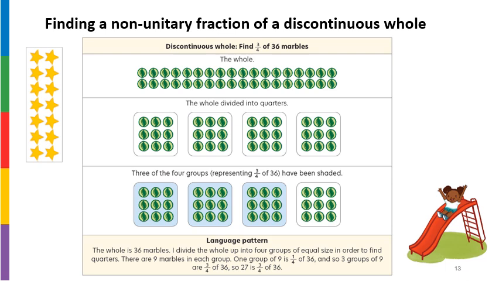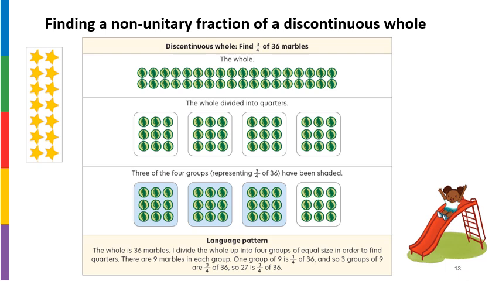Remember what we said, a discontinuous whole is a group of items that together make up the whole. So we see there, discontinuous whole, find 3/4 of 36 marbles. So there you have it. 3/4 is a non-unitary fraction. Okay?